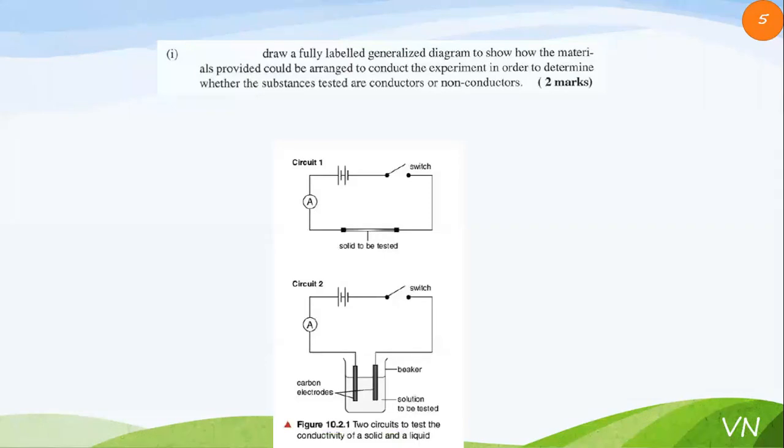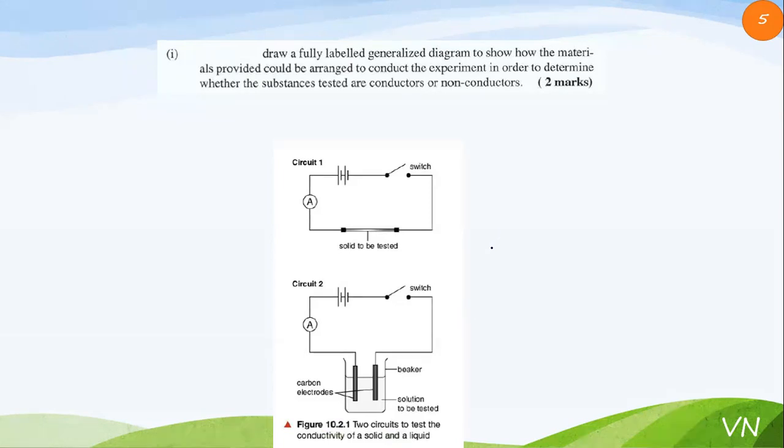So I have the diagram already on screen here. Now, based on what apparatus was given, we were given a bulb, source of power, 2 graphite rods, and connecting wires. We'll be using one that is similar to circuit 2.